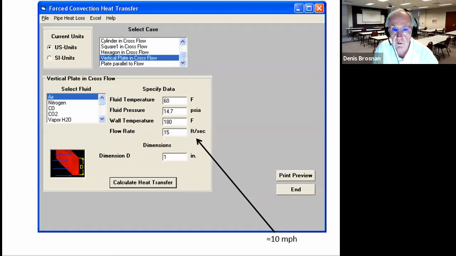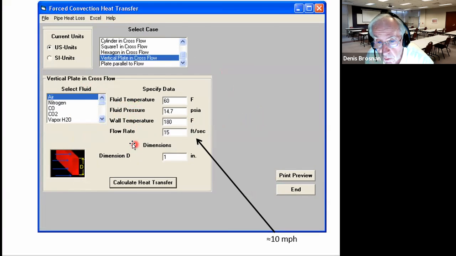Now there's some other convection utilities. This is in the forced convection heat transfer utility. And here we've selected a vertical plate in cross flow, okay? With air as the atmosphere, 60 degrees Fahrenheit again, 180 degrees is the wall temperature.